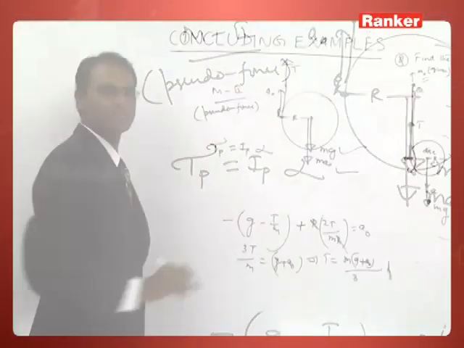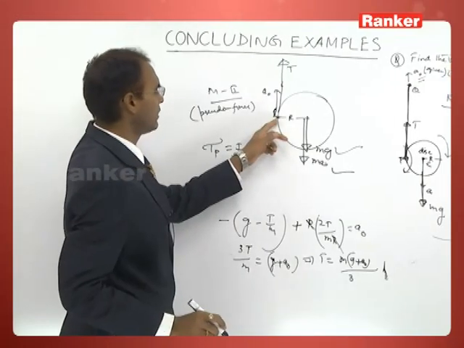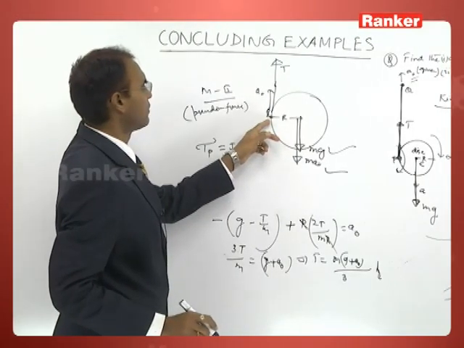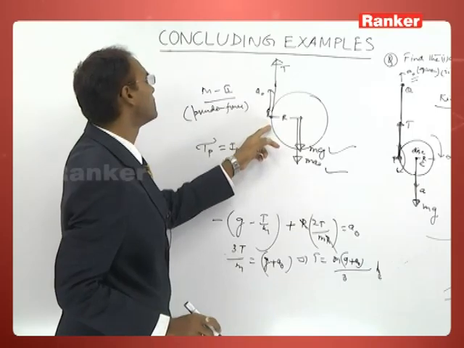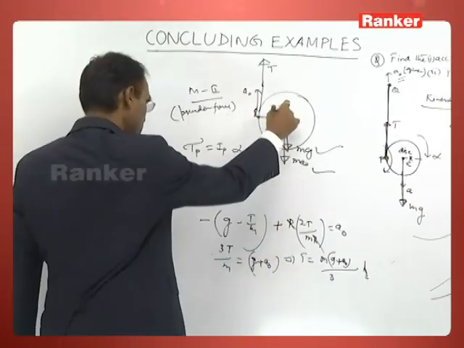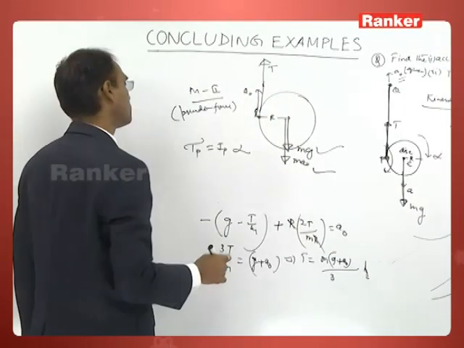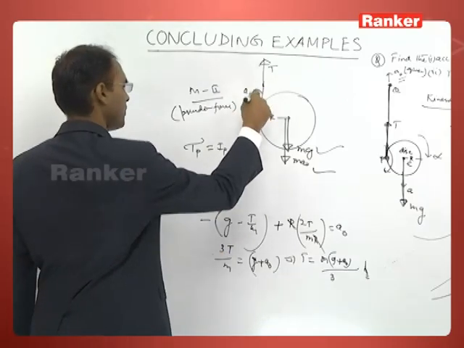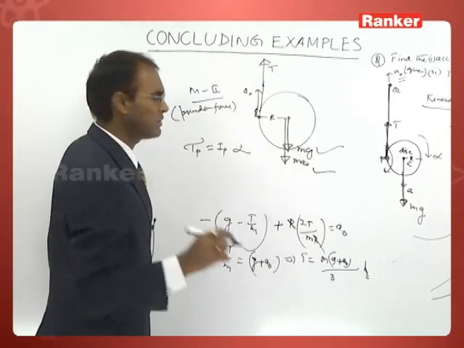Pseudo force method. Sitting on the non-accelerating frame, which moves up with the acceleration A naught, and imposing the pseudo force that is downward, opposite to the acceleration of the reference frame or the observer.